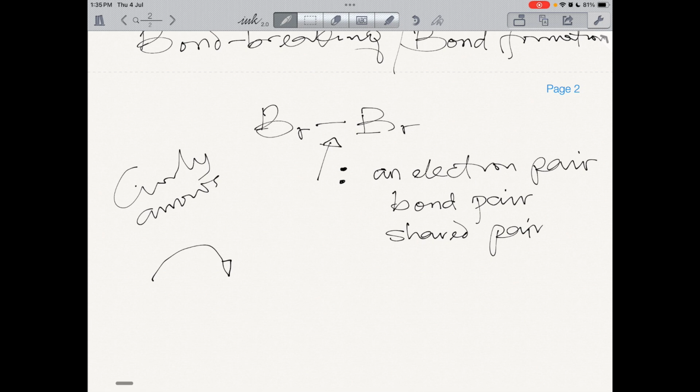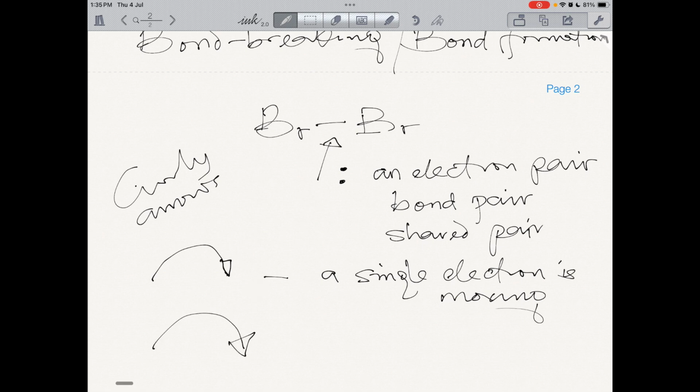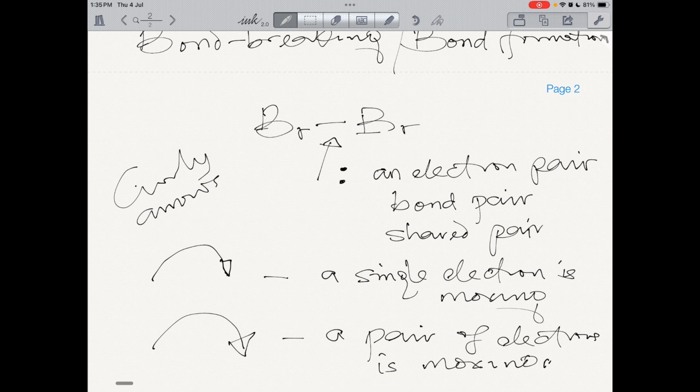When you have a half-headed curly arrow, it means that a single electron, not a pair, a single electron is moving. However, when you have a full-headed curly arrow, it means a pair of electrons is moving.